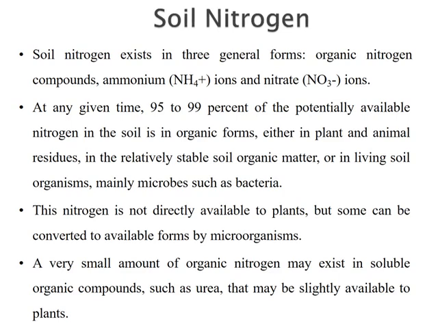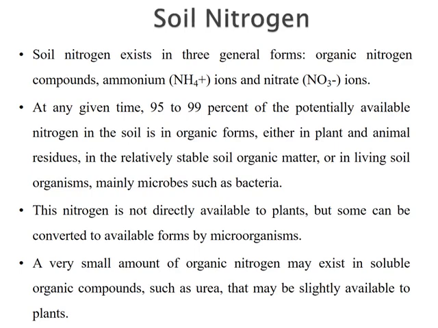Soil nitrogen exists in three general forms: organic nitrogen, ammonium ions, and nitrate ions. At any given time, 95 to 99% of the potentially available nitrogen in the soil is in organic forms, either in plant and animal residues, in the relatively stable soil organic matter, or in living soil organisms, mainly microbes such as bacteria.